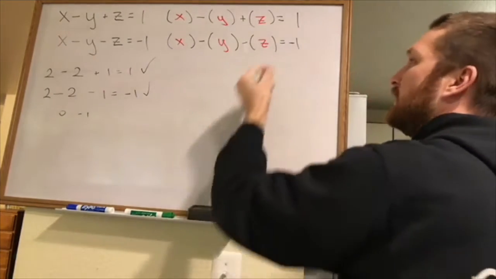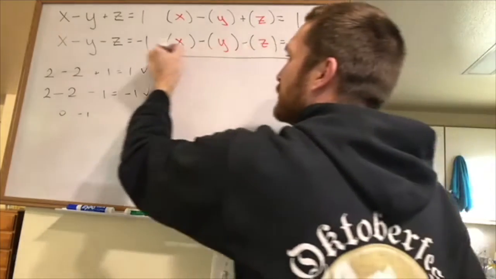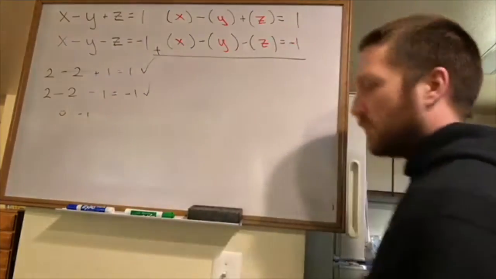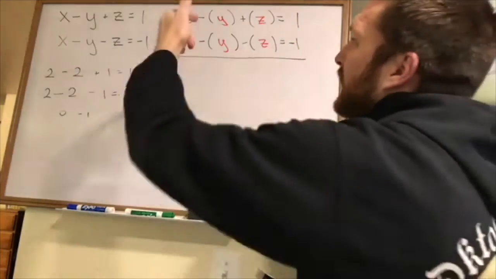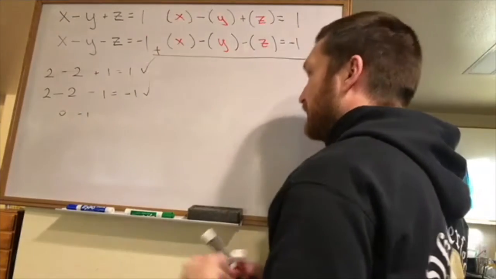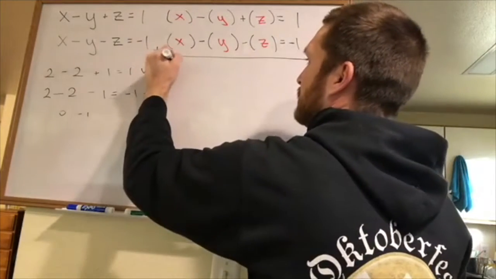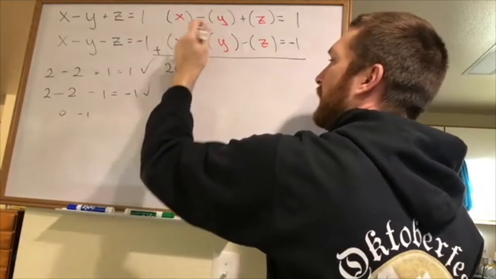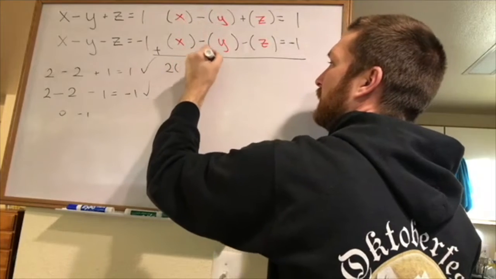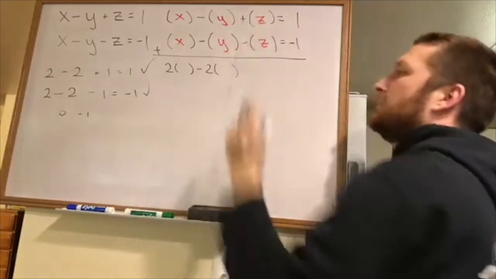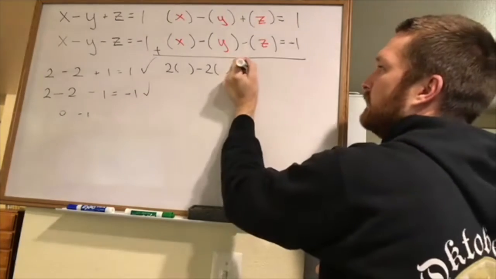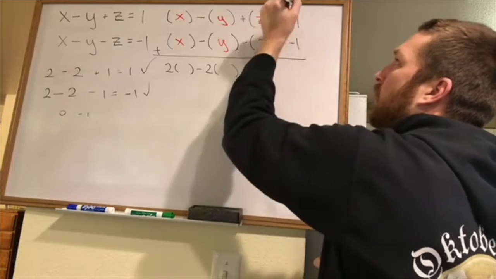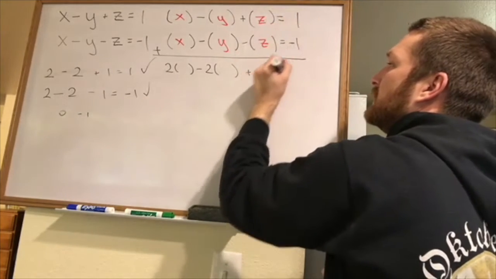And this is going to be what we're going to do in general here in just a minute, but this will make it a bit more believable. We have x plus x gives me 2 x's. Minus y gives me 2 of them. Plus z minus z is a big fat 0. 1 and minus 1 is a 0.